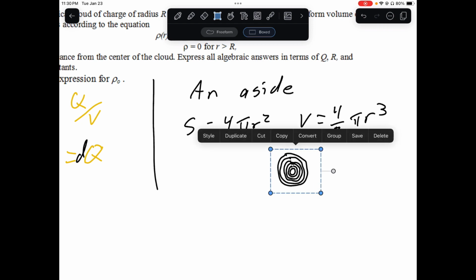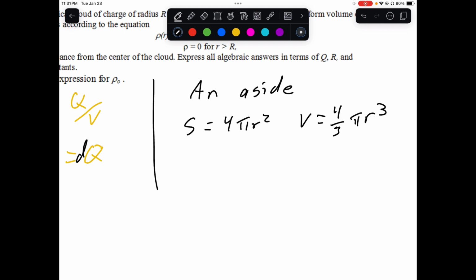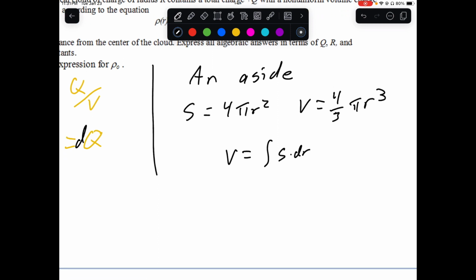So to get to this volume, I'm really just going to take the integral of the surface area in infinitesimal chunks. I'm going to sum up the infinitesimal chunks moving from the center out to whatever radius I want, and that would give me the volume.